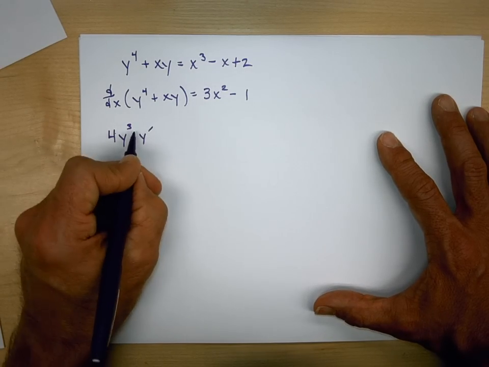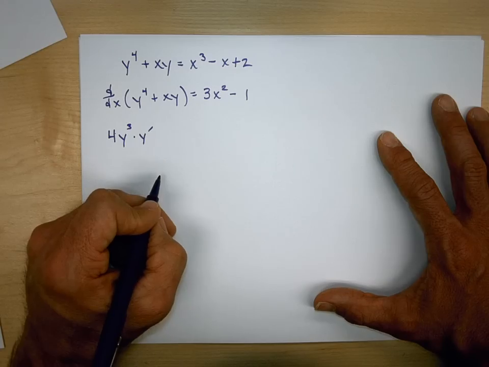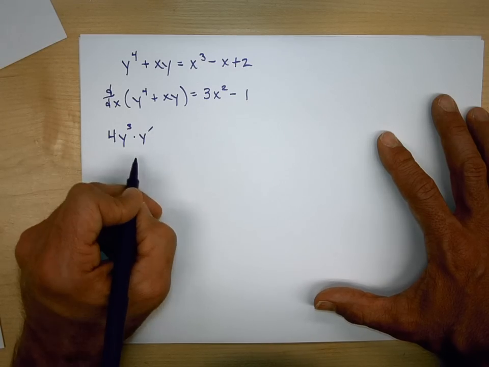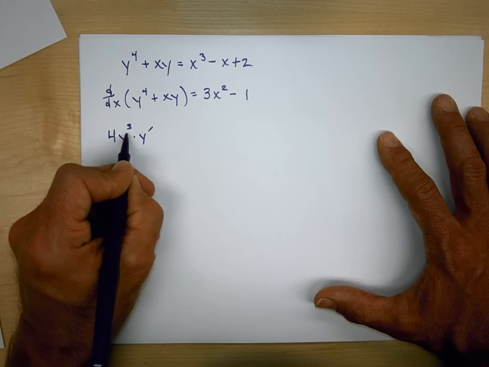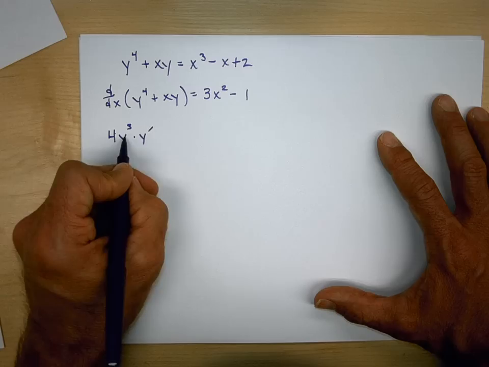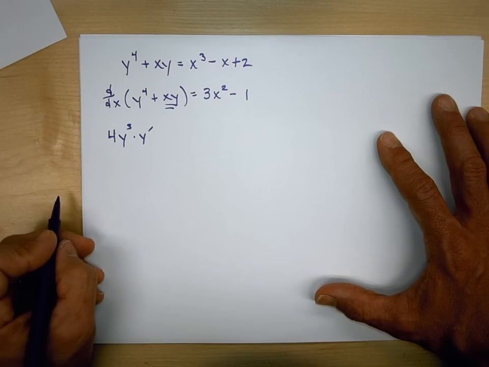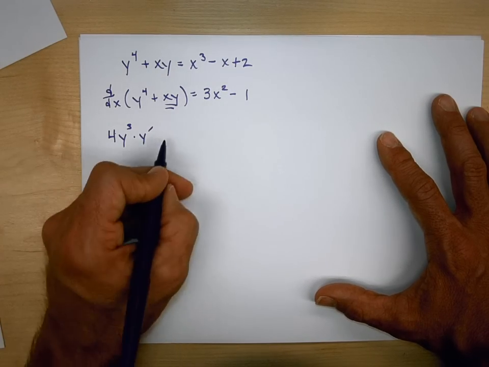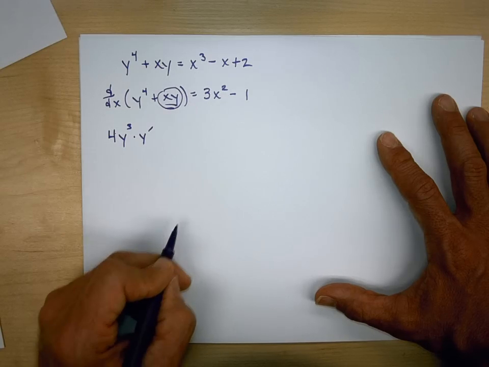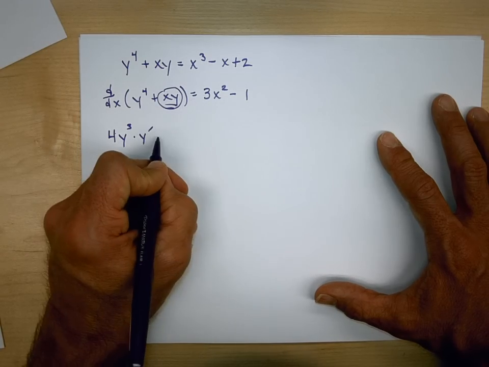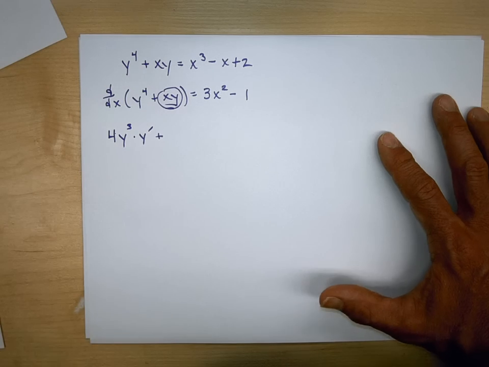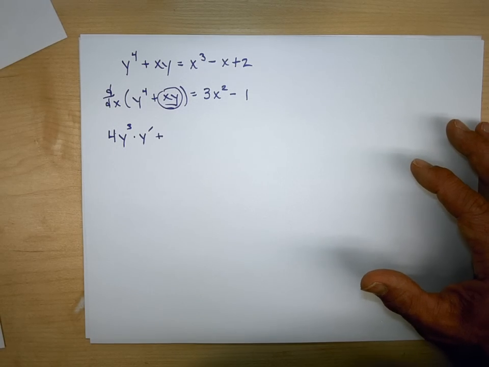Again, you can kind of think of the outside function as being to the 4th, and so that's going to be 4y cubed. But I have this y in here that is a function of x, and by the chain rule, I have to multiply by its derivative. Here, we've already done this one, so we can do it again, but you know we're going to need the product rule in order to figure that out. Although we've already done it, so let's not kill ourselves doing it again.